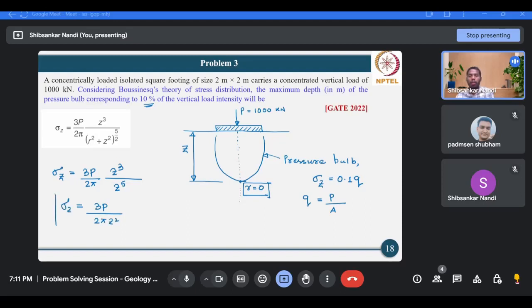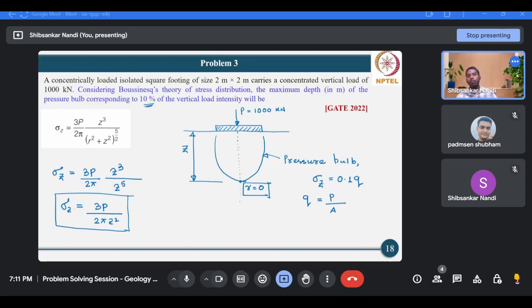This is the modified expression for calculating the vertical stress increase at any point lying along the line of action of the load. Since r is becoming 0, there is only a variation with z. As you can see, if you increase z, the sigma z value will decrease.